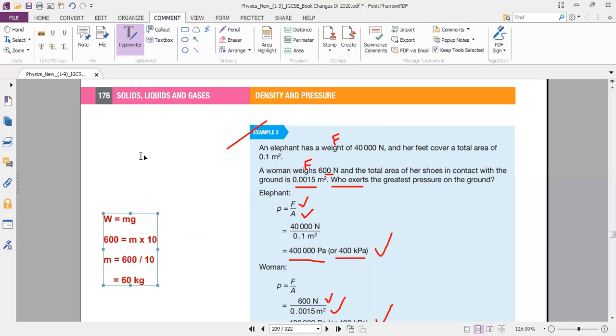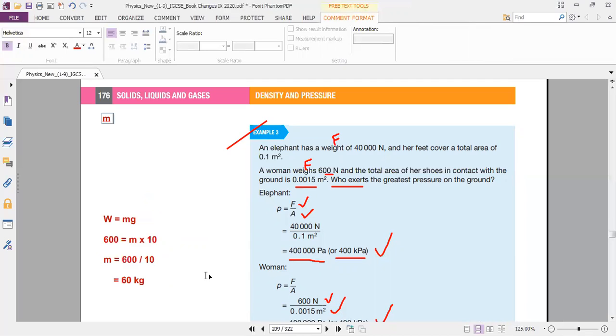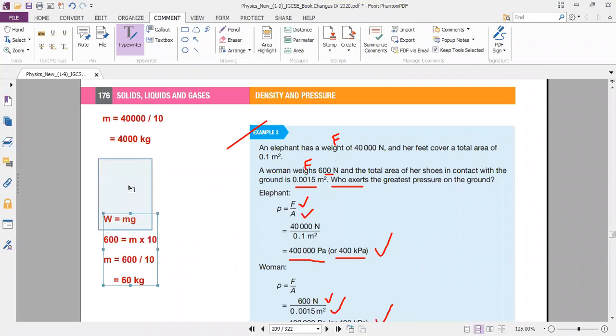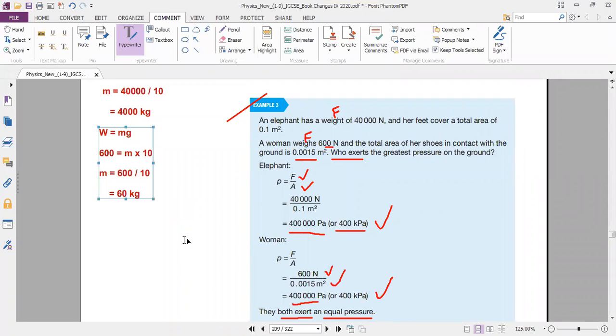So what is the mass of this elephant? 40,000 divided by 10 is 4,000 kg. Look at the mass of the elephant, it's 4,000 kg, and the woman is only 60 kg. But area is bigger under the feet of the elephant. I repeat, area is bigger under the feet of the elephant, and that's why pressure decreased.